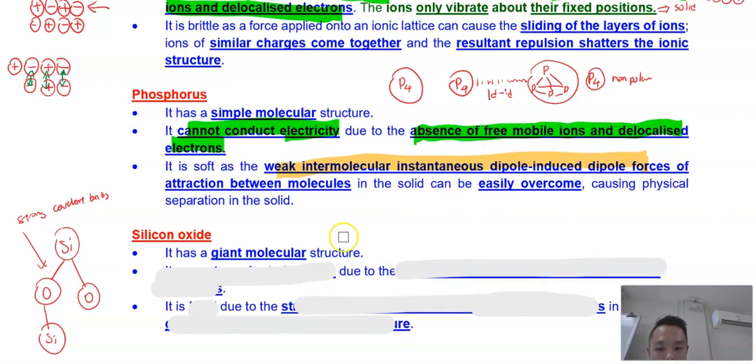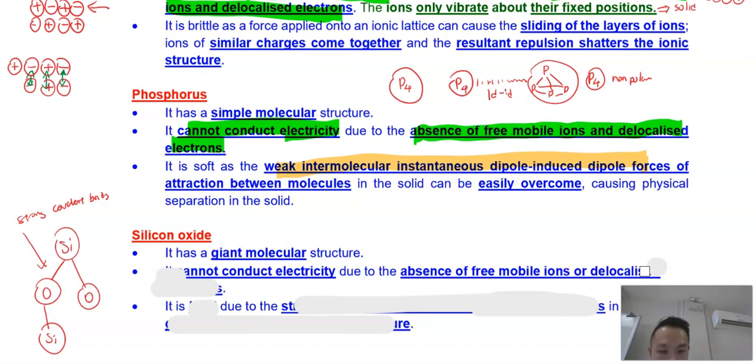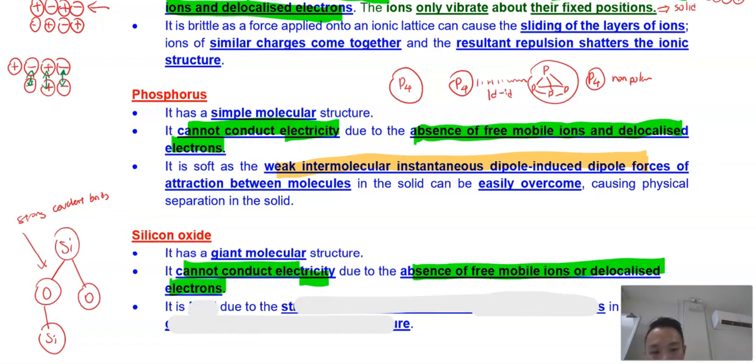When you are trying to conduct electricity, it cannot, and again you can see the same phrasing: it cannot conduct electricity due to the absence of free mobile ions or delocalized electrons.